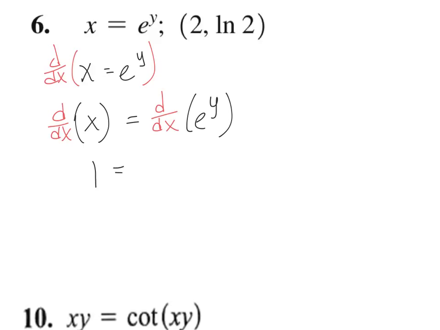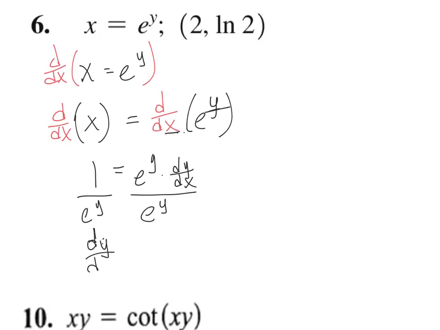If I take the derivative with respect to x of e to the y, the x and the y do not match, so I need to take my normal derivative and then multiply by dy/dx. So I get e to the y times dy/dx. Now I'm going to divide both sides by e to the y, and I can solve for dy/dx, and I get that dy/dx is equal to 1 over e to the y.